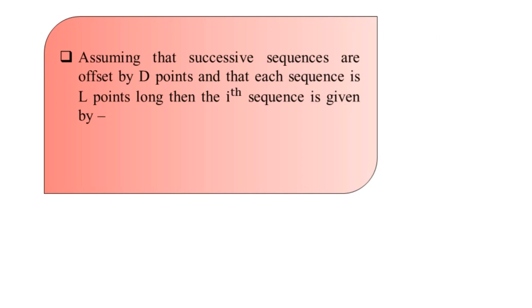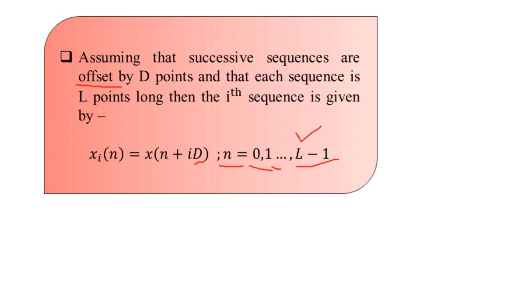Then the ith sequence can be given by x sub i of n equals x of n plus i times D. Here the main role is of the factor D, the offset, whereas the discrete time index n takes the values 0, 1, 2 and so on up to L minus 1, where capital L is the length of the discrete time sequence.